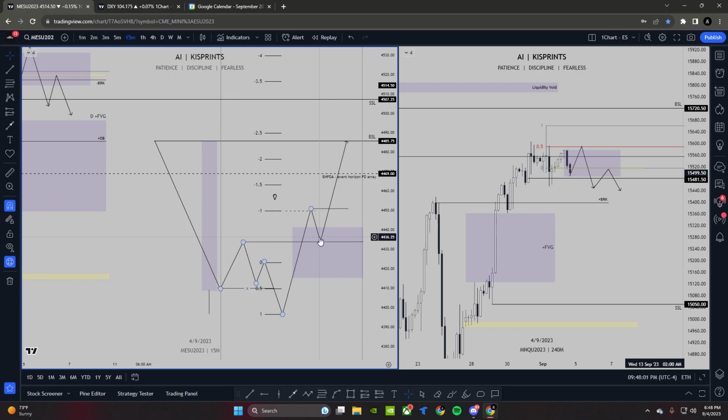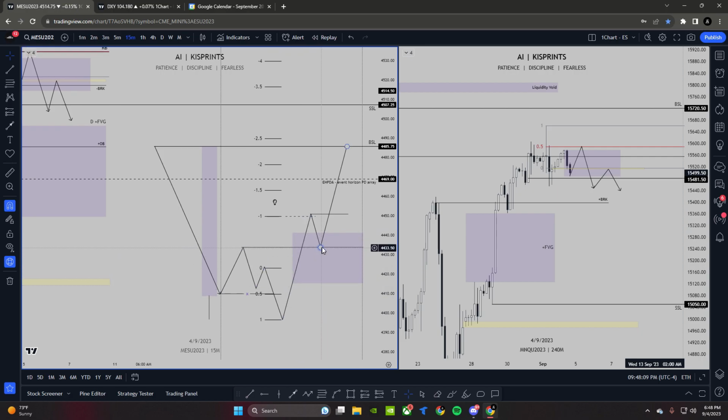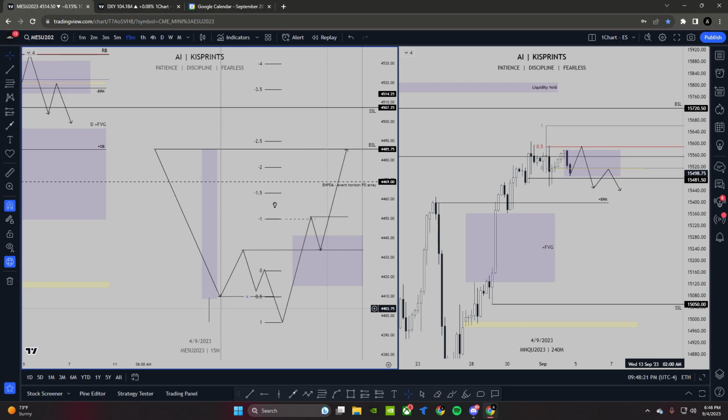So once we have that play lower, then you drop down to the 3 or the 2-minute, and there should be an imbalance within this displacement higher to target, and that would be your entry there, targeting the 2 to the 2.5 or that buy side liquidity. So we can expect a retracement into the first imbalance that price can seek right there.